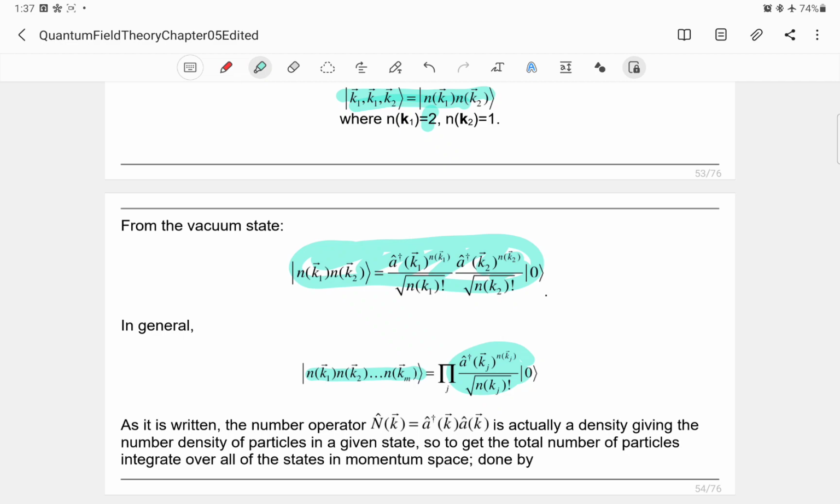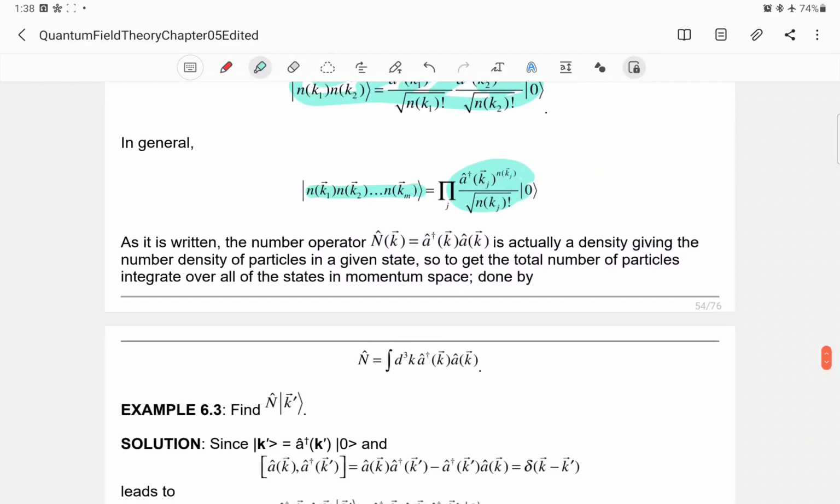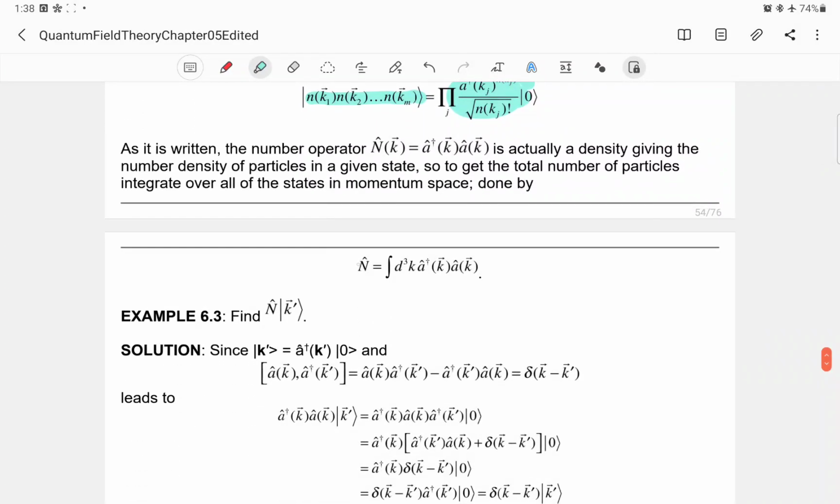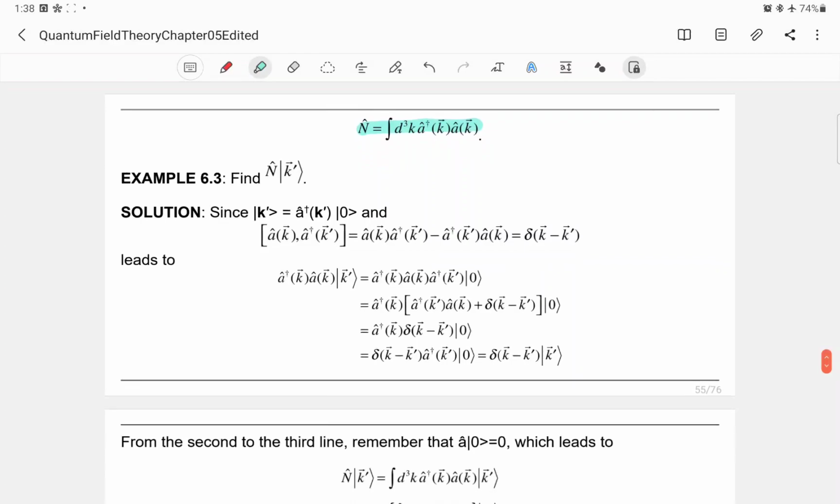So to get the total number of particles, integrate over all the states in momentum space, and this is done by integrating over momentum space a adjoint a. So let's now proceed with example 6.3.